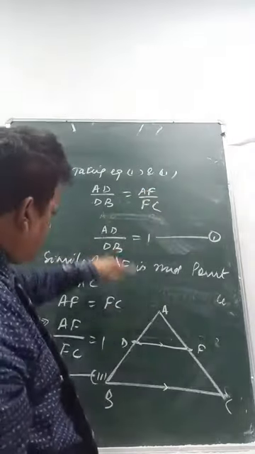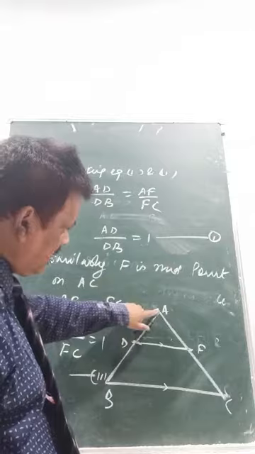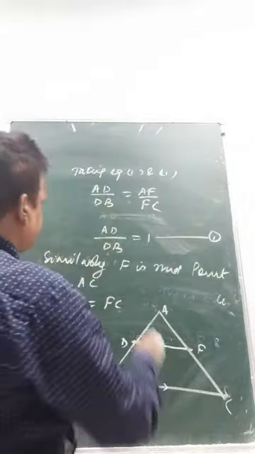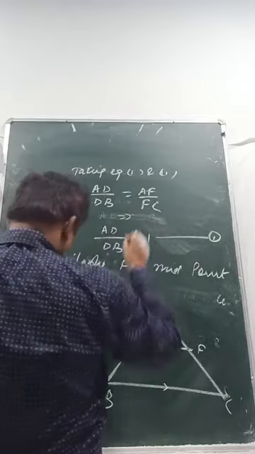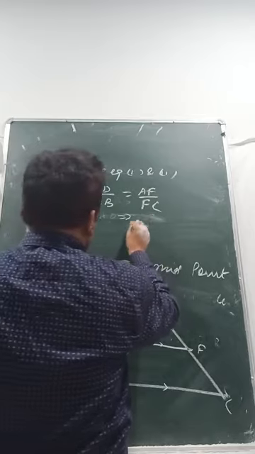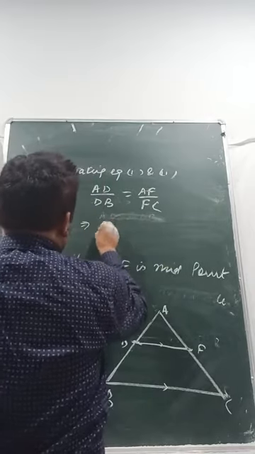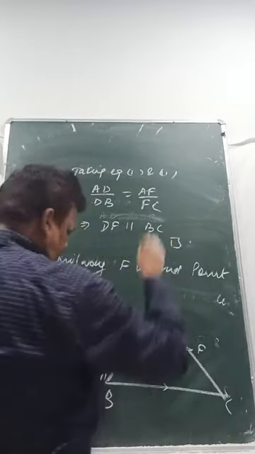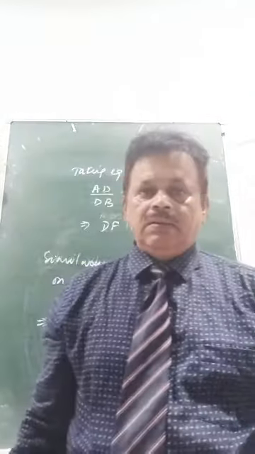Means if this ratio, this by this, equals this by this, then this is parallel to this one. This implies DF is parallel to this. Remaining we'll do tomorrow.